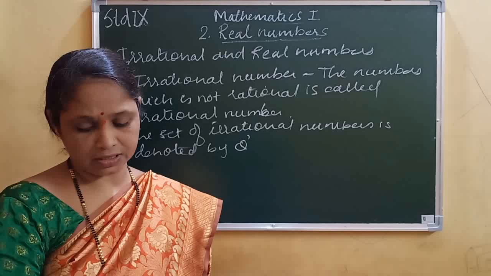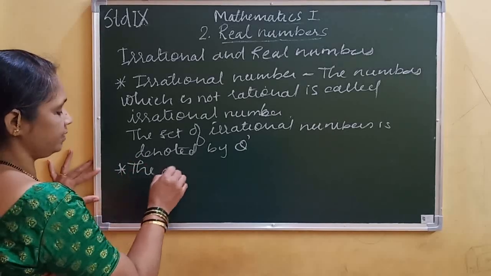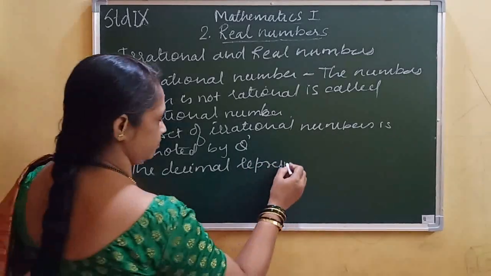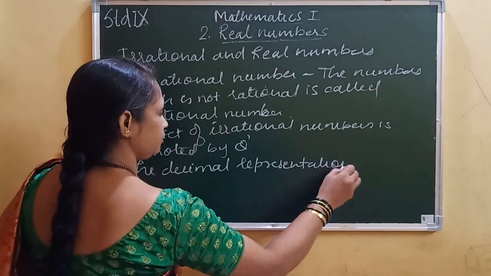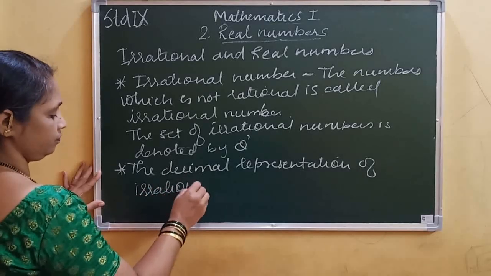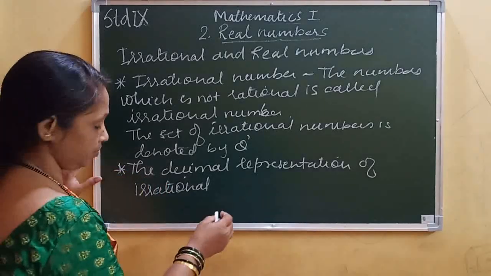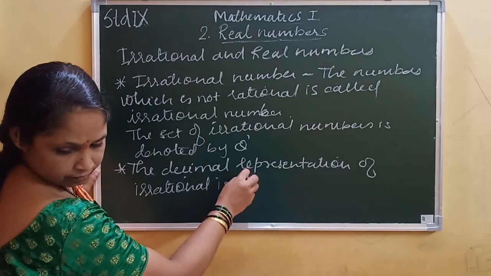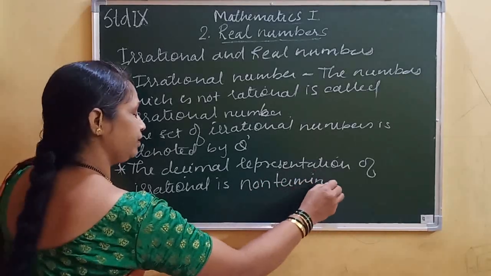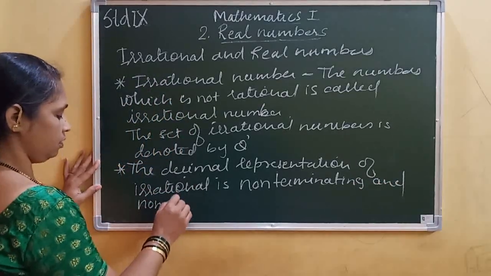Okay. Now, the decimal representation of an irrational number is non-terminating and non-recurring.